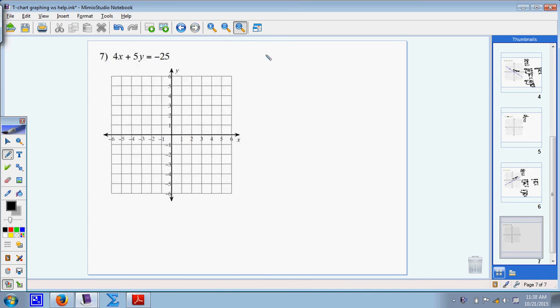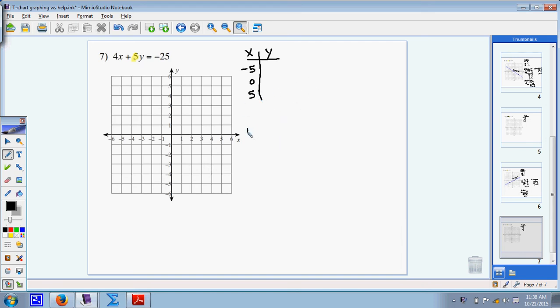Going to go ahead and set up my t-chart there. Looking at my coefficient of y, lets me set it up as -5, 0, 5. And then I plug it in.